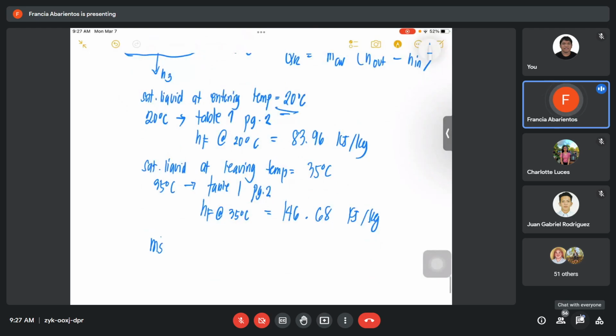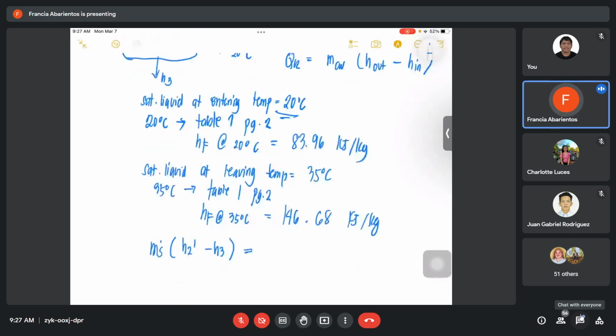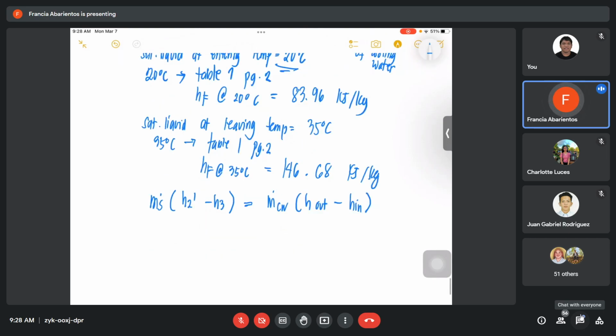We have H2 prime minus H3 equal to the mass of the cooling water, mC, times H out minus the in. So the mass of steam is given, and we are looking for the mass of the cooling water.